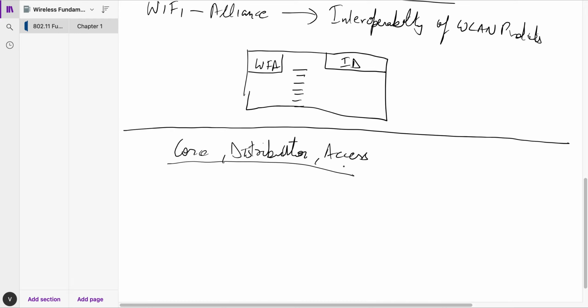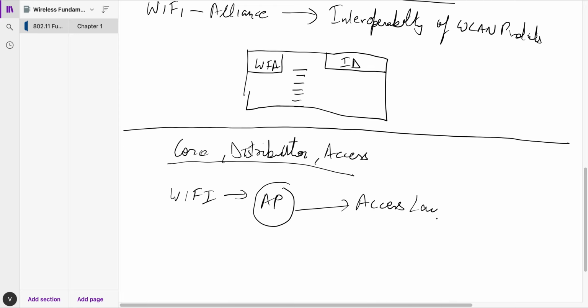Now, Wi-Fi, if you understand, Wi-Fi is responsible for connecting the edge devices, giving connections to the users at the edge, which means a Wi-Fi access point always needs to connect to the access layer. Okay, where do we place the access point?